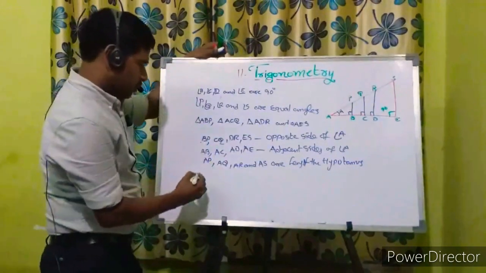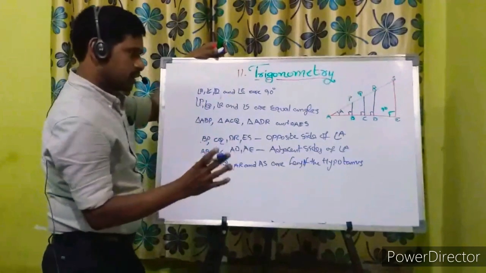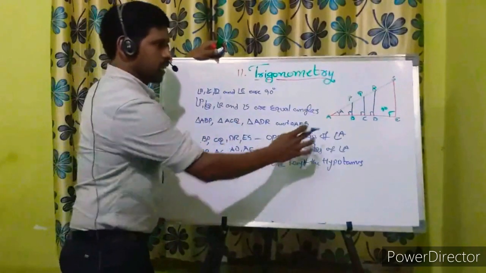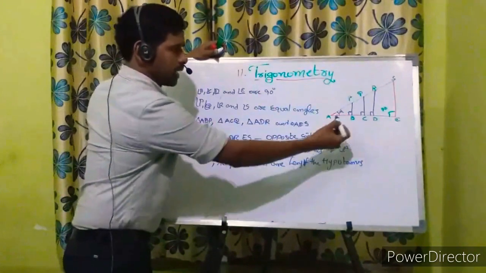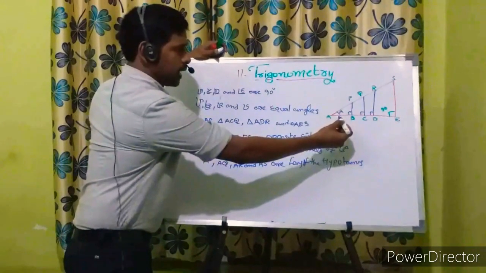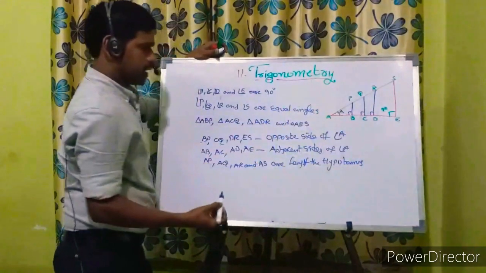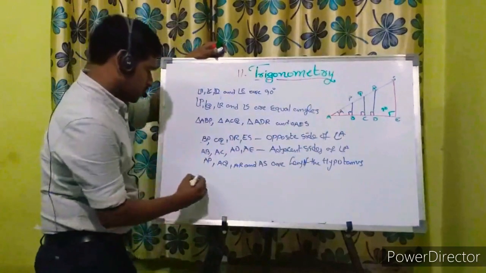Okay, therefore we come to our point. The opposite side of the angle and the hypotenuse have a relation.